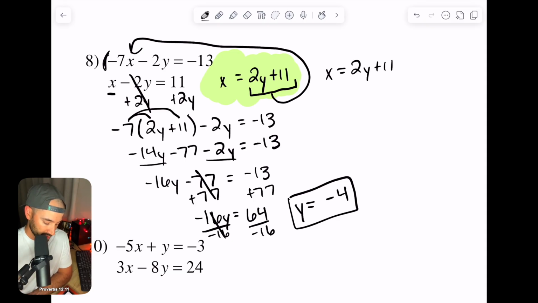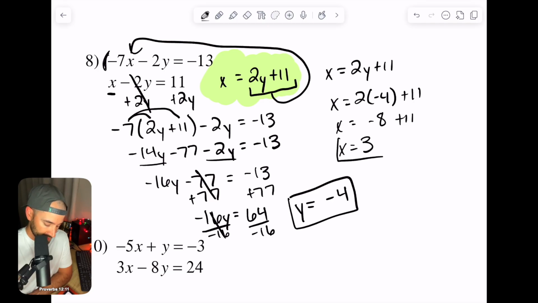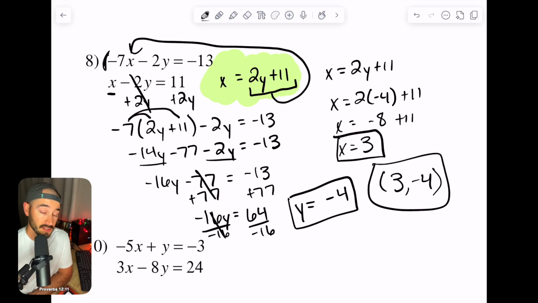We're going to plug in negative 4 for y, and so when we do that, we will get x is equal to 2 times negative 4 plus 11. So x is equal to 2 times negative 4 is negative 8 plus 11 is positive 3. So x is equal to positive 3, which means that our full solution is 3, negative 4, and that would be our answer for that problem.